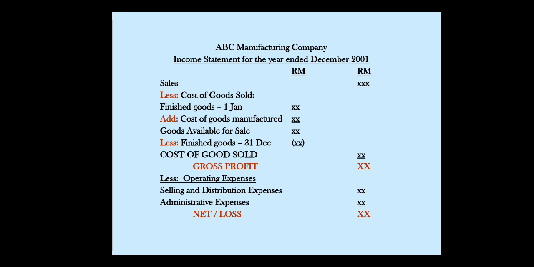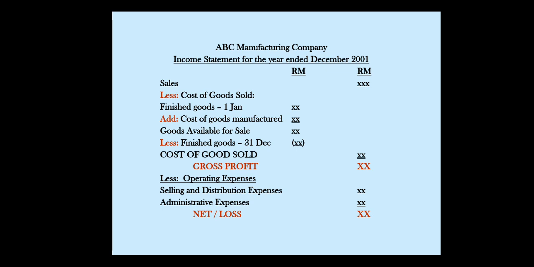Income statement for a manufacturing business, the first thing that you have to show is the revenue or sales. See there, the first item in this income statement is sales. The year is supposed to be 2021. Okay, sales equal to how much?